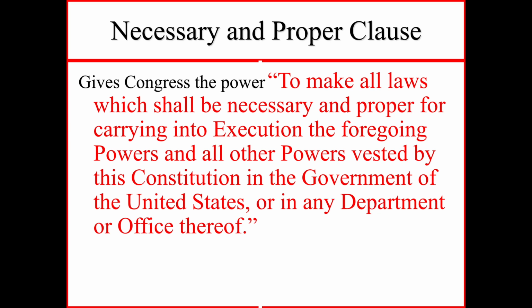What this basically means is that the Founding Fathers, when they drafted this document, were allowing for some elasticity, to be able to create laws that fell under the guidelines of the Constitution for situations that had never come up.